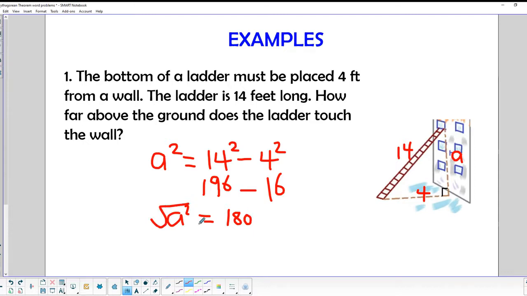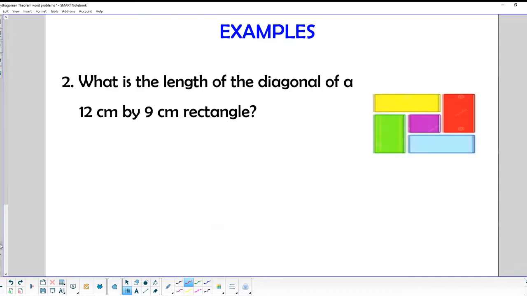Then we take the square root of both sides, and we end up with a equals the square root of 180, which would be 13.42. So 13.42 feet up the wall. That's how high up this ladder would reach, up to that point right there. So pretty good. All right, let's try another one.